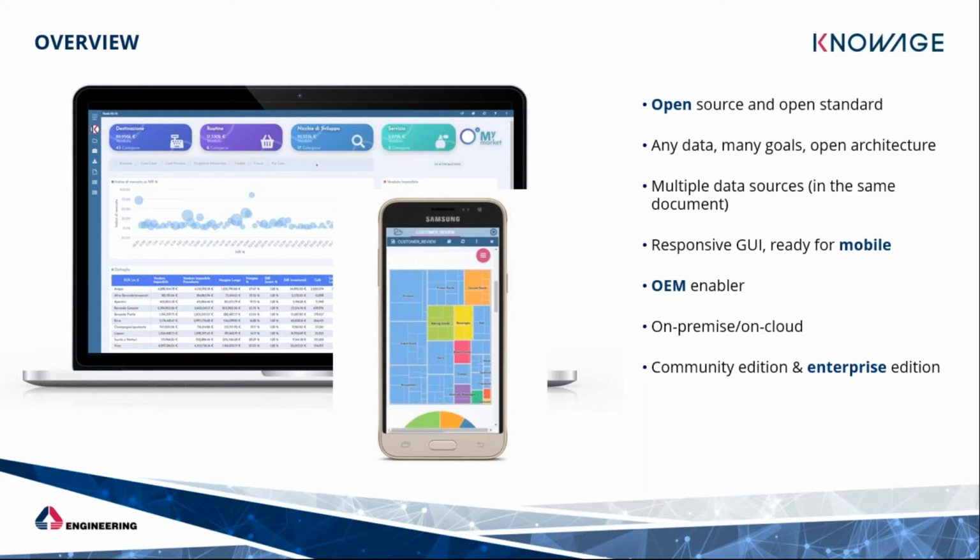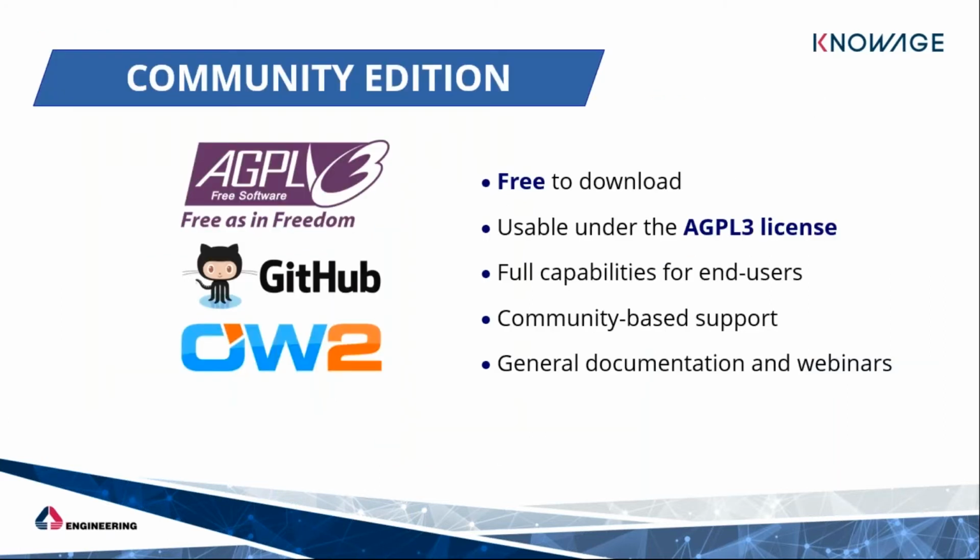Let's see what is basically the difference between the two editions. The community edition is freely downloadable, and you can download it directly on our site, and it is usable under the AGPL license.